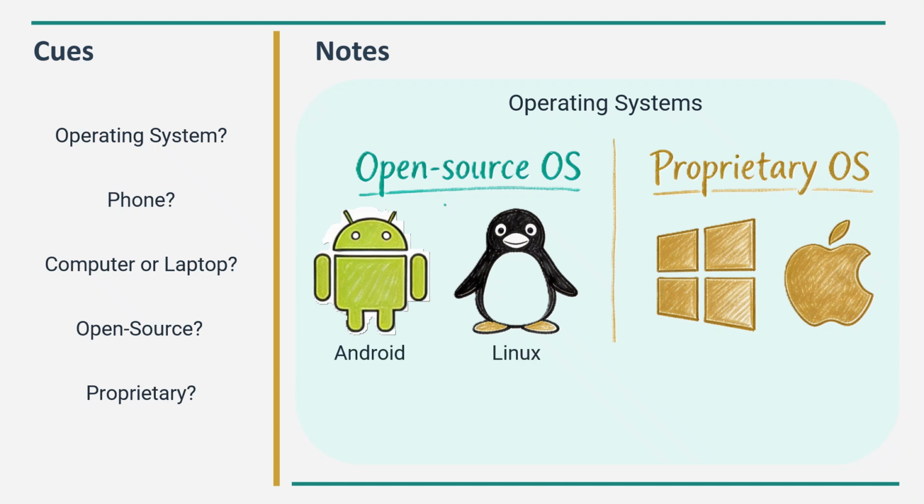Up next to the penguin is Linux. Then comes Windows, which you should know, and macOS or iOS. Android is for use on a phone, Linux on a PC or laptop, Windows on a laptop or computer, macOS also on a laptop, and iOS for an Apple phone.